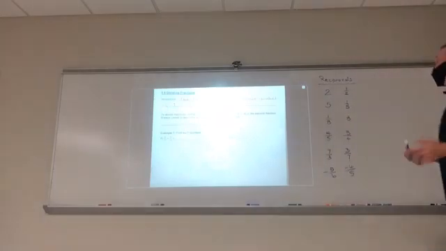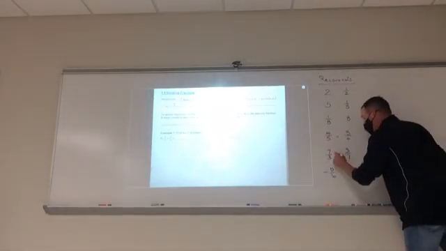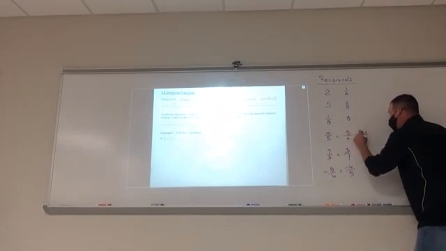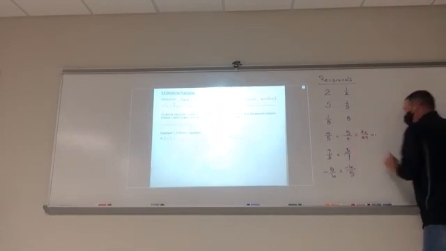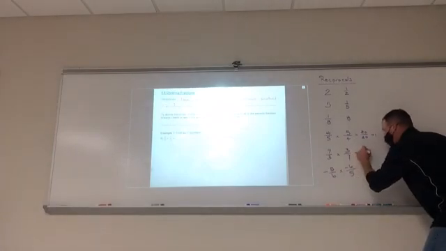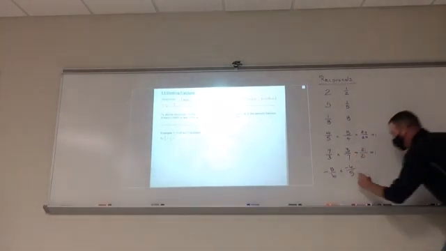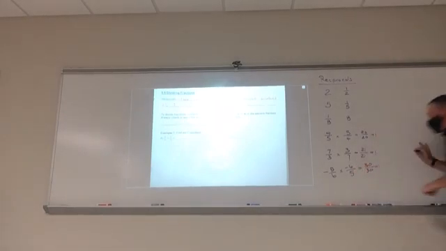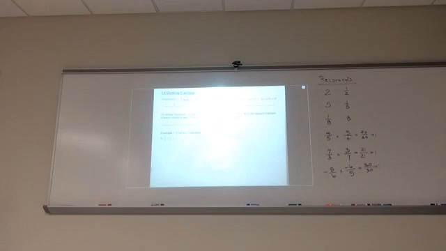Again, if you don't understand why, when you find the product of each of these problems, this is 20 over 20, which is equal to 1. This is 21 over 21, which is equal to 1. This will equal 30 over 30, which is equal to 1. So anytime I have a fraction, in order to find its reciprocal, I simply flip the numerator and denominator.